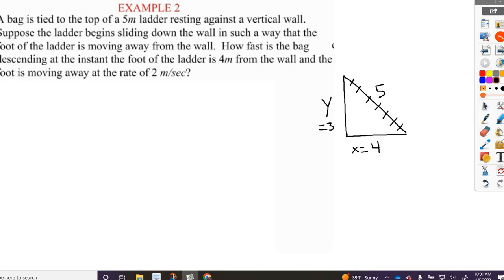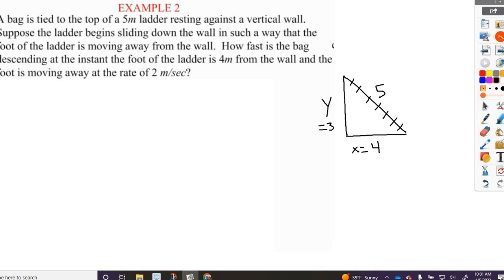Does it tell us anything else at the end there? We're asking for how fast the bag is descending, okay, and it gives us how fast it's moving away. So both of those are rates. Agreed? We have to decide which one is which.